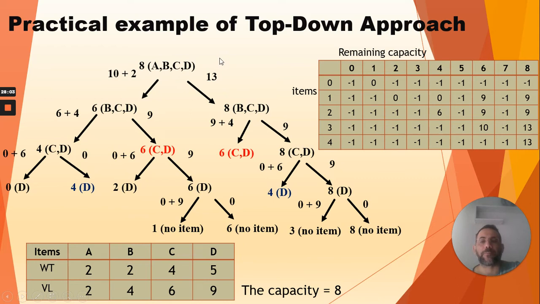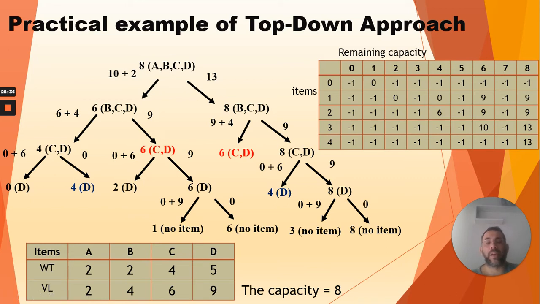And as in the bottom-up, every cell of this two-dimensional array represents the optimal solution of a certain sub-problem. As we notice here, some cells are not computed. They remain as -1.